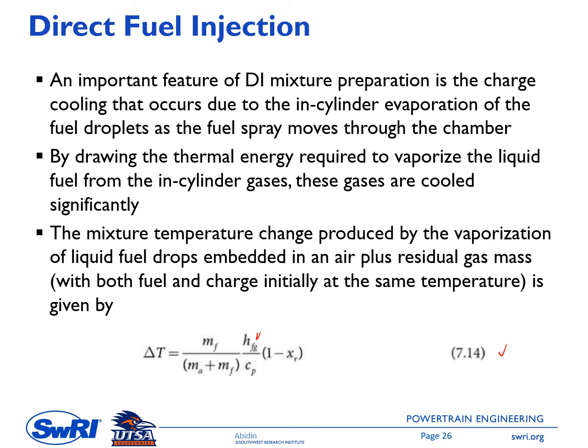So assuming that the initial mixture temperature is the same, so the fuel temperature, airflow temperature, and residual temperature are all the same, then I think the delta T should be, so we don't have this one, and then this one is plus, so I remove this one, plus m_residual, okay, and then close the bracket times Cp.